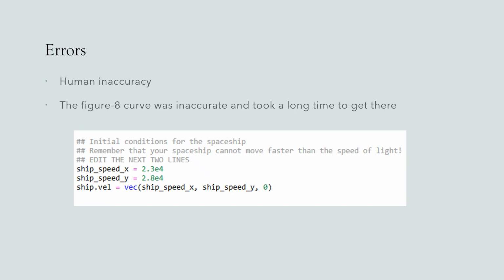We found that making the speed in the y direction greater than the speed in the x direction was better, because if they were both the same, then the spaceship would just go around in circles. But with math, we can probably find a better way to get some better values.